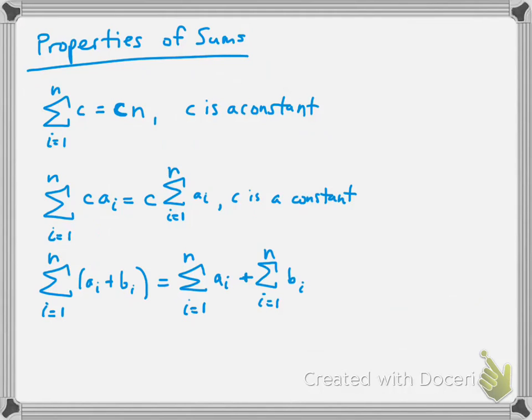So a sub 1 plus b sub 1, all the way to a sub n plus b sub n, would be the same as a sub 1 added to a sub all the way through a sub n, and the same for b, and I would then add those two together. Sorry, that might be a little confusing, my language I'm using here. But basically, it should be the same value.